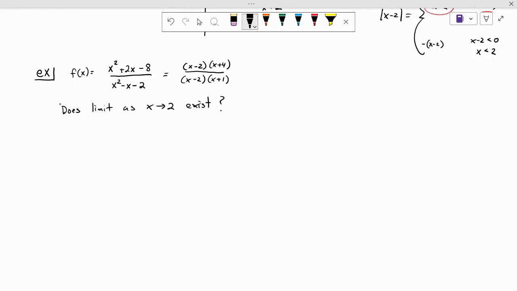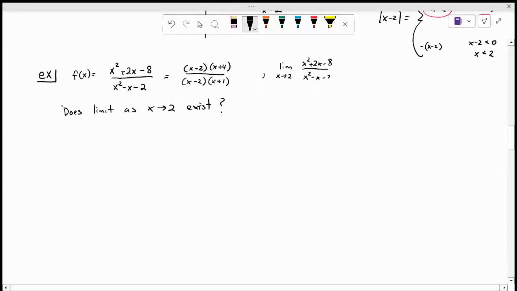Well, to answer that question, we could try to just evaluate the limit directly, and we would run into the problem you'll run into 80% of the time, right? That you would get 0 over 0, which is, well, anything could happen. That's just meaningless.